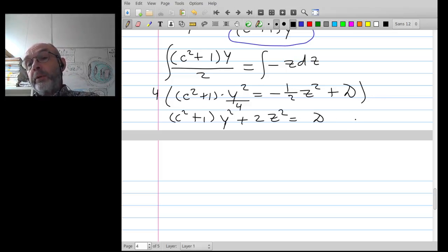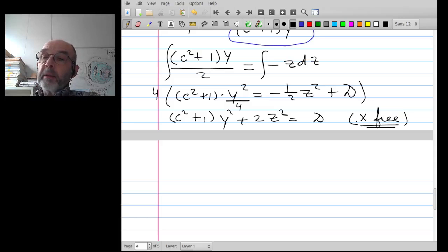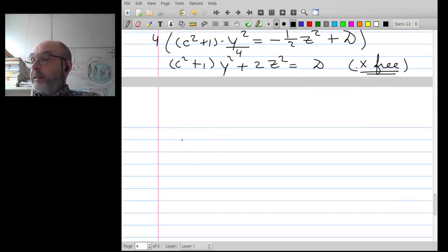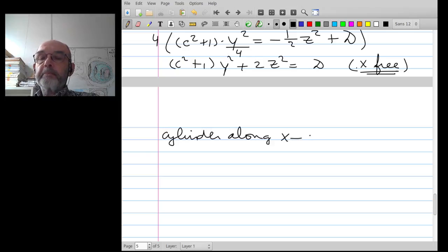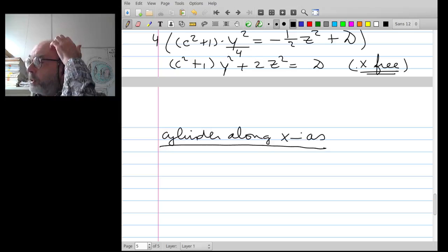This is no x. x is free, x is 3. And so you have here a cylinder along the x-axis. And that cylinder has an elliptic form.